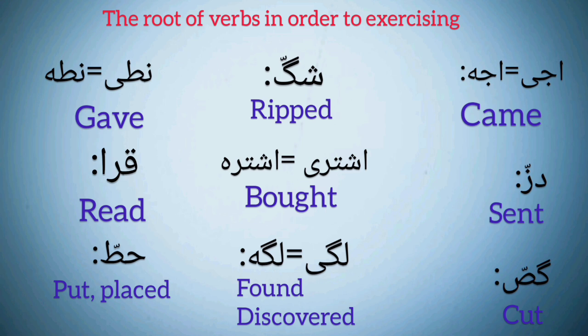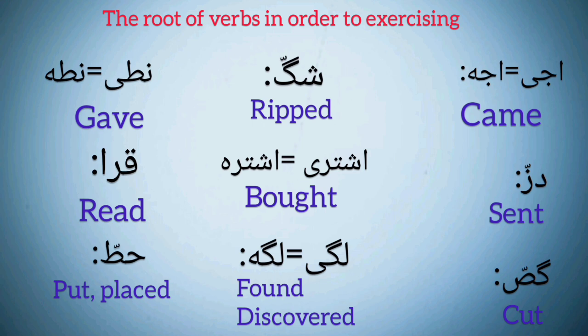And لقى. لقى basically means found or discovered. The last letter of لقى is alif. It's written لقي, but we have to read it لقى. Then, in order to conjugate this root, as I said, we have to delete the alif at the end of the root.